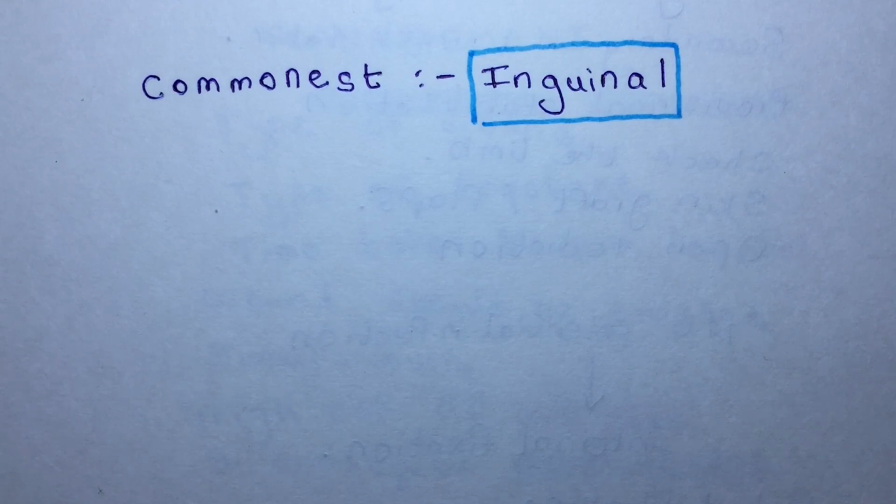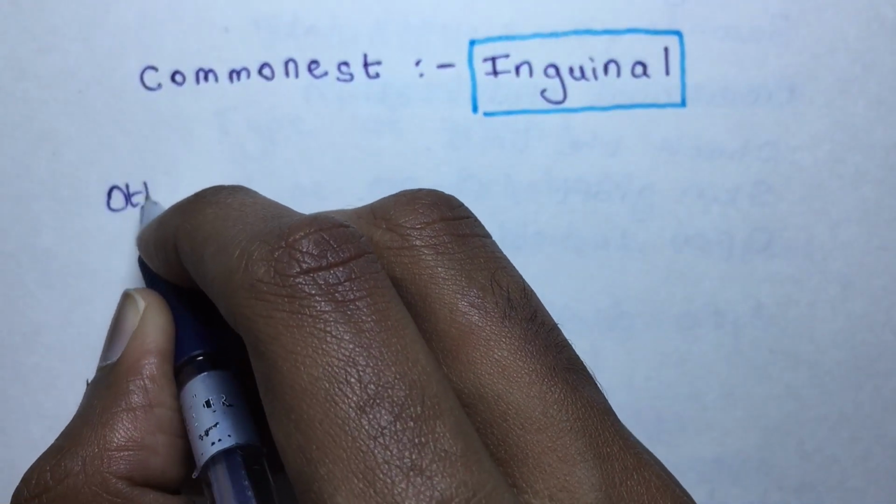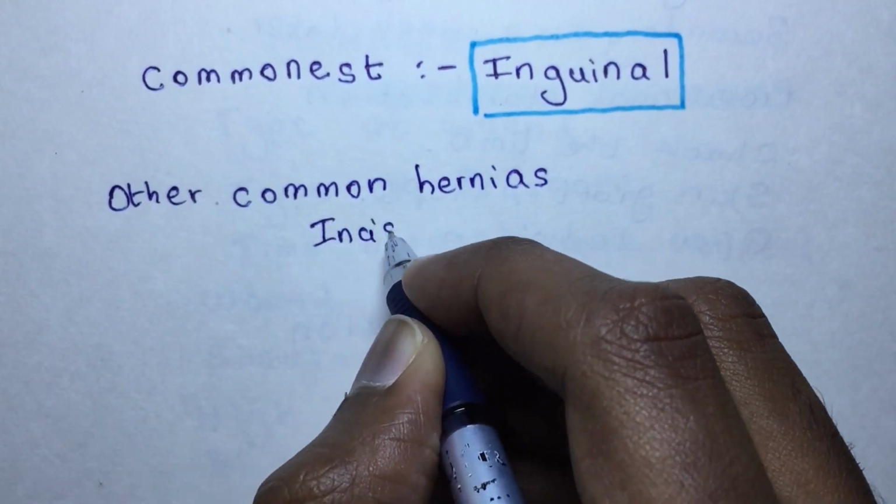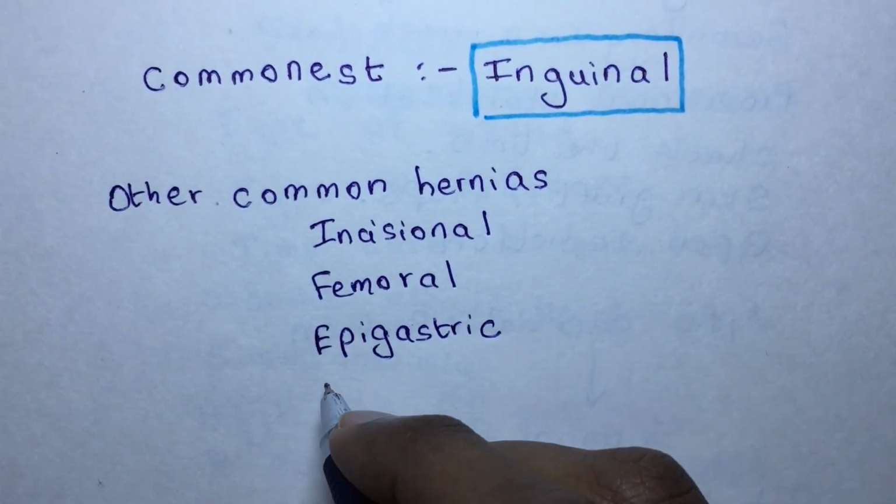The other common hernias are incisional, femoral, epigastric, and umbilical. There are certain types of rare hernias as well, such as obturator hernia, Spigelian hernia, lumbar hernia, and gluteal hernia.